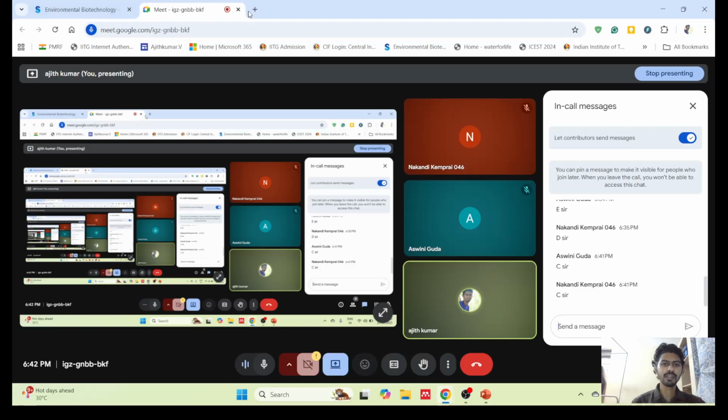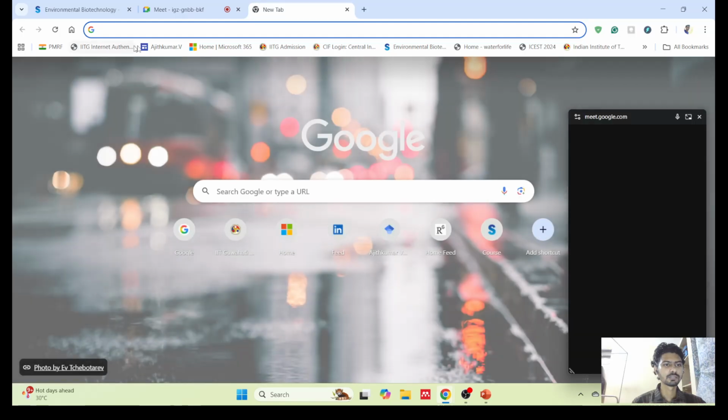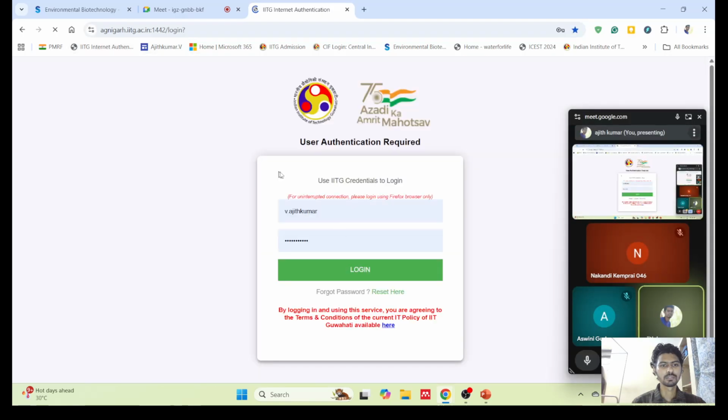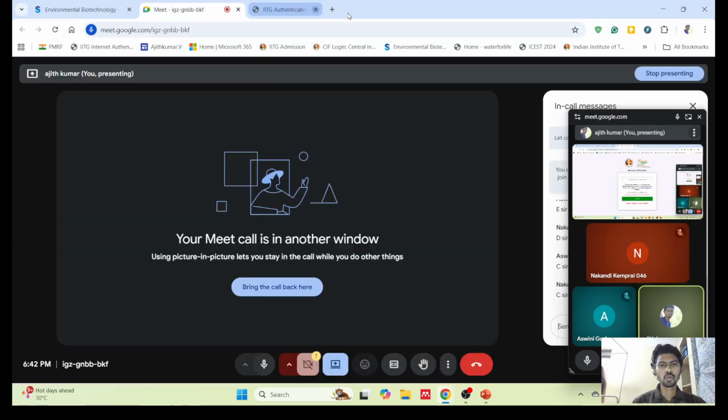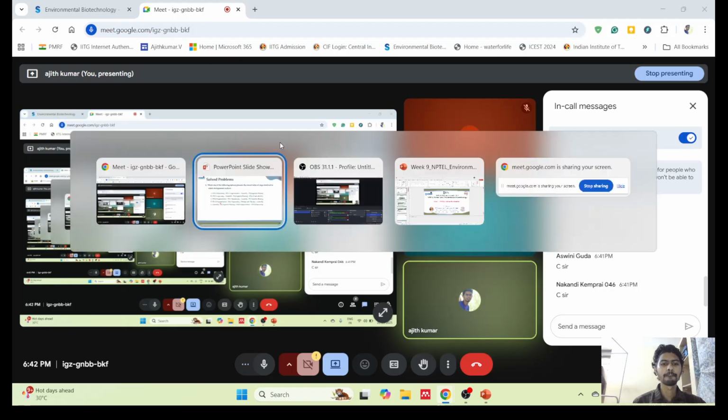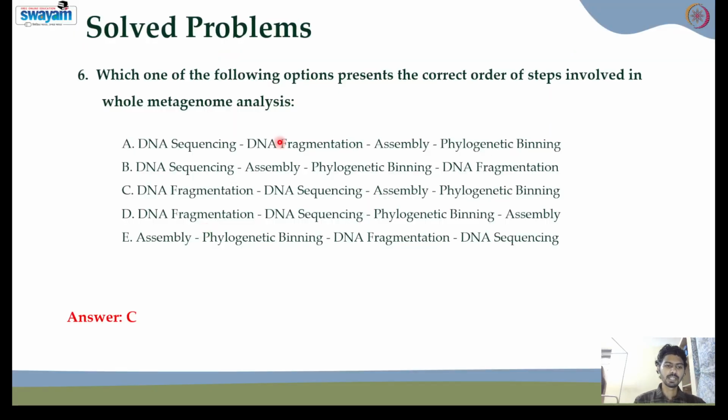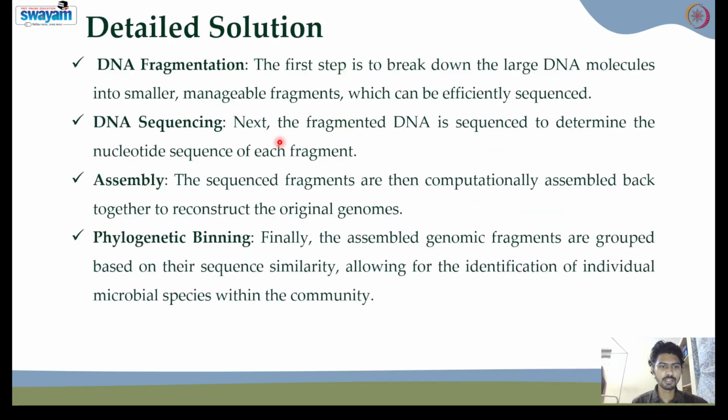Option C. Okay. So now we will see the answer. Yes, it is correct. Option C. Now we will see the detailed solution for that.